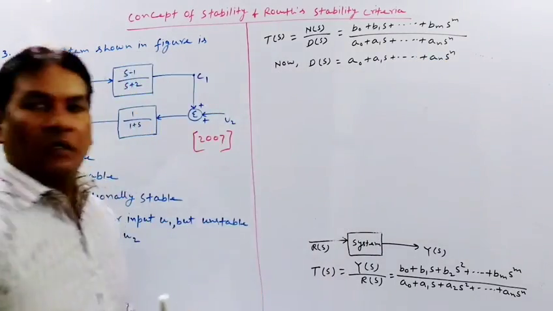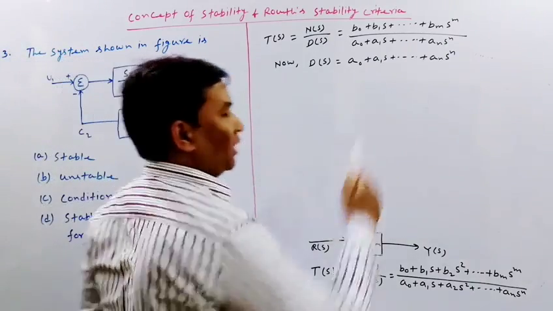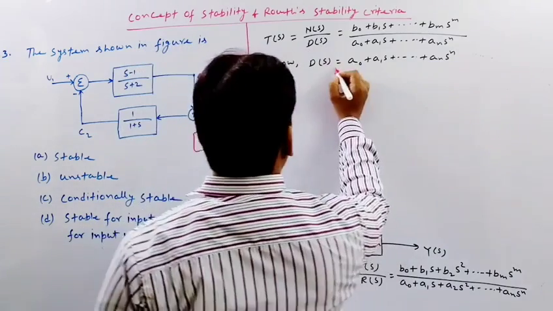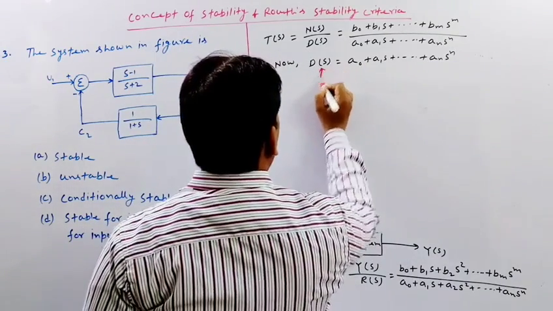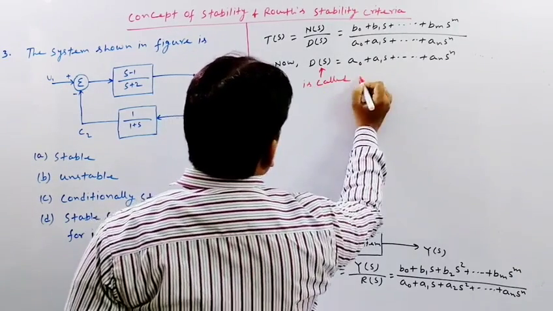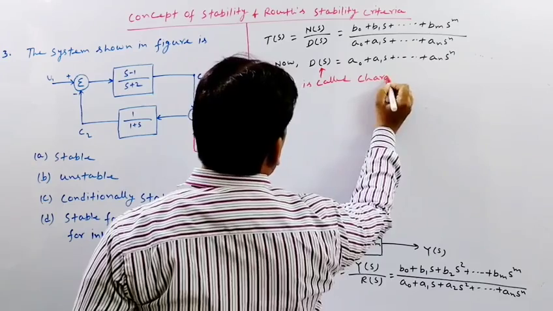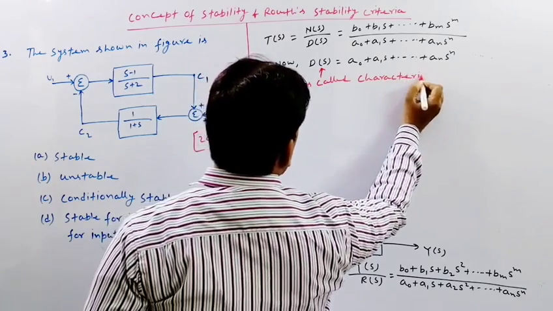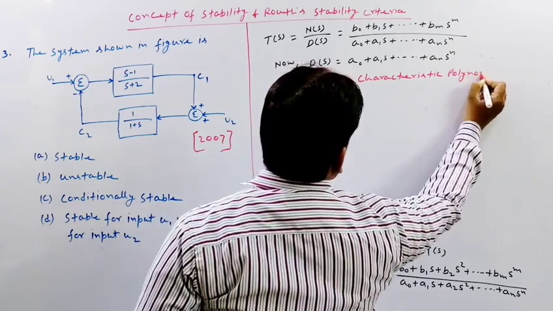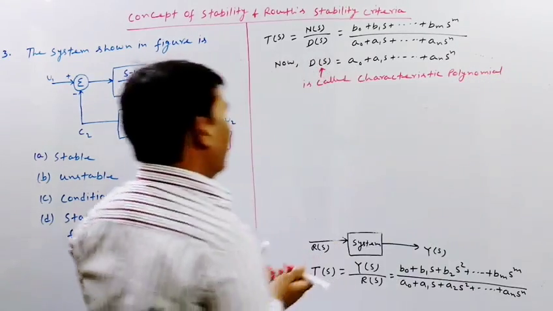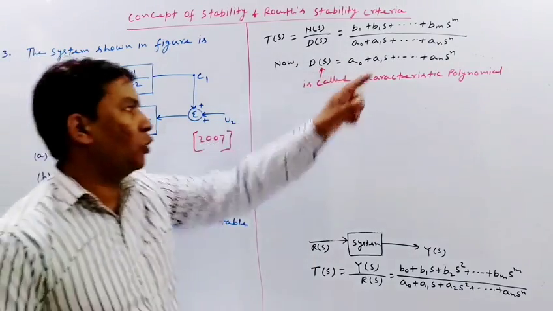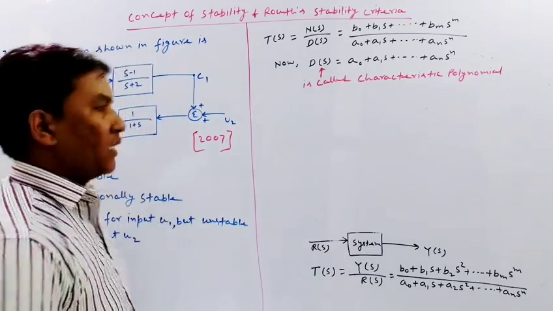This D(s) is called characteristic polynomial. And if we express this polynomial in equation form, that is D(s) equal to 0, then that equation is called characteristic equation.